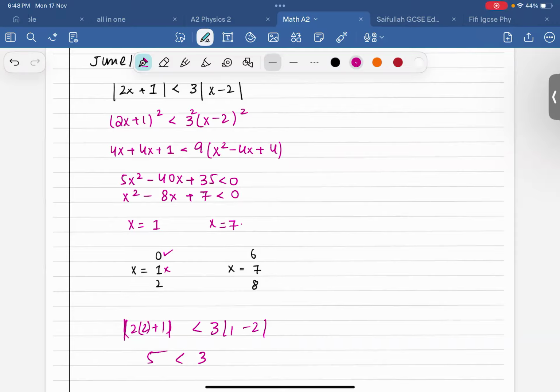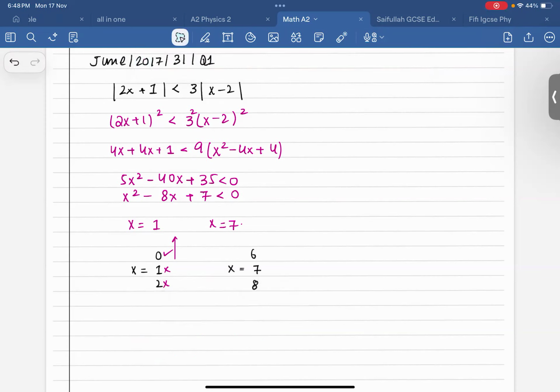And if I put 2 in the other one, 3 times 2 is 6, minus 2 is 4, and 5 is less than 4 doesn't make sense, right? Clear? So this means the values lesser than 1 satisfy the inequality, but greater than 1 do not. Clear, guys? Okay, let's try with 7.